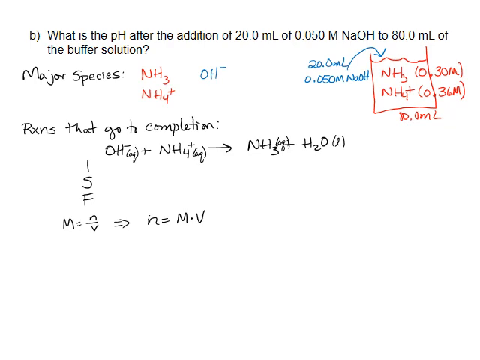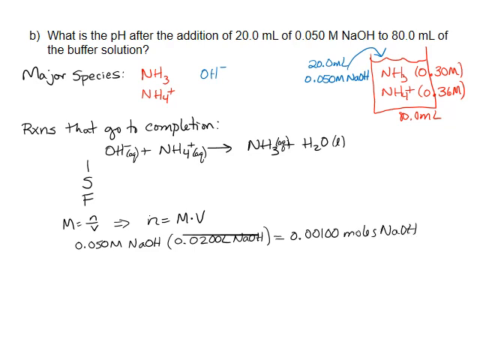So in terms of the hydroxide, we had a 0.05 molar solution of sodium hydroxide, and we had 20 milliliters of this. So we're going to be adding 0.02 liters of the sodium hydroxide solution. And when we multiply this out, we see that this is 0.001 moles of sodium hydroxide. And because of the 1-to-1 ratio, it's 0.001 moles of hydroxide.